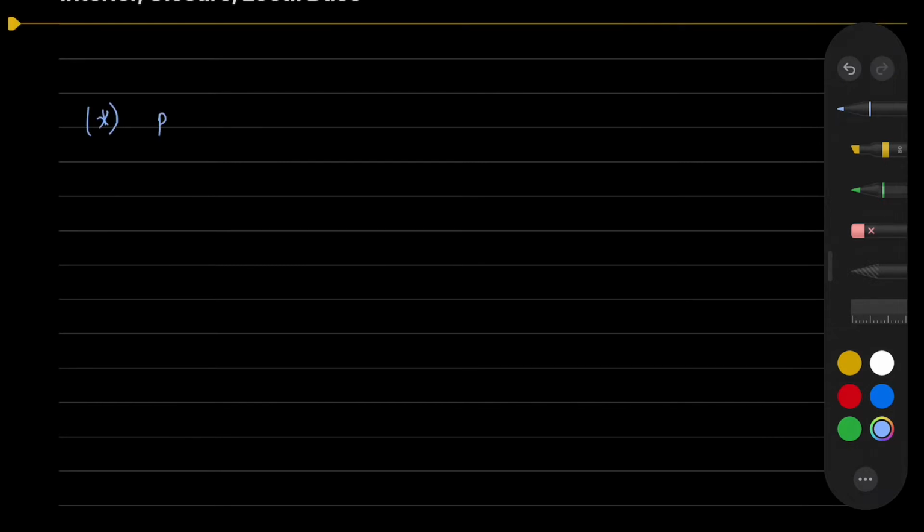If a point P lies inside the closure of a subset A of X, then for every neighborhood V of 0, the intersection P plus V intersects the set A should be non-empty.